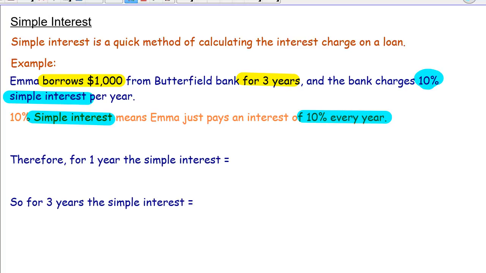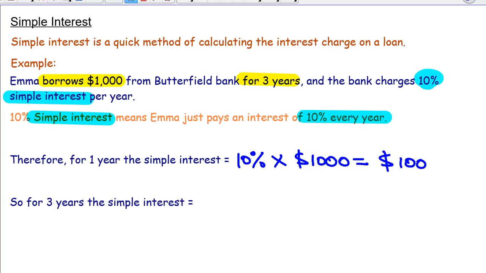So therefore, for 1 year, the simple interest will be equal to 10% of $1,000, or I can just write it as 10% multiplied by $1,000, which will be equal to $100.